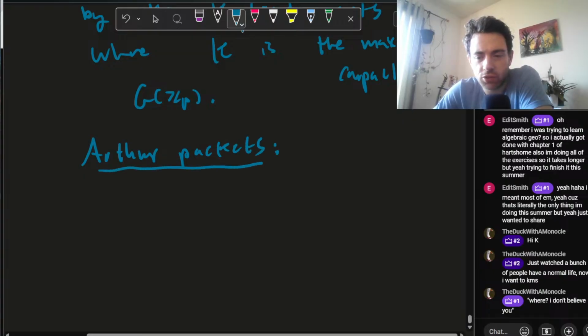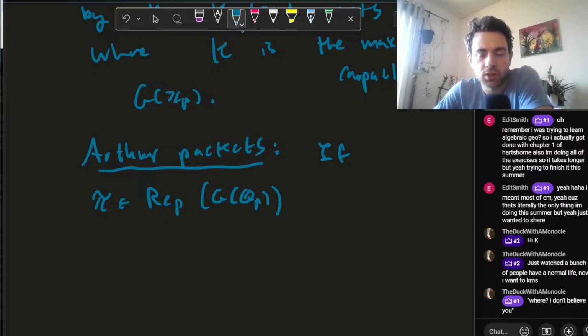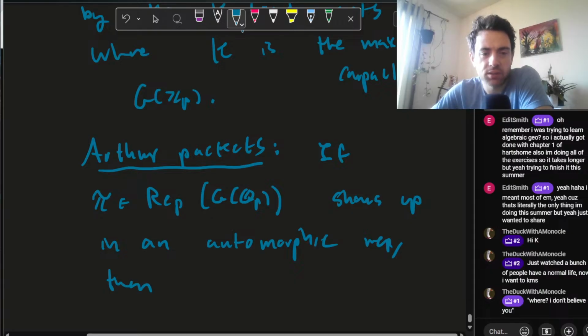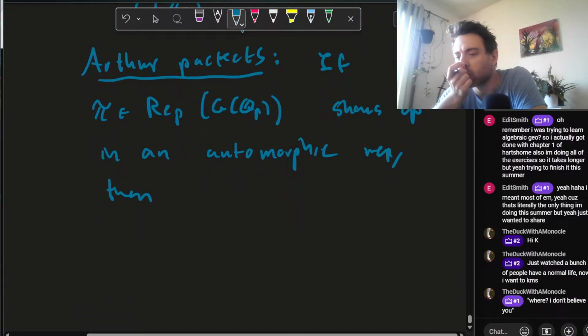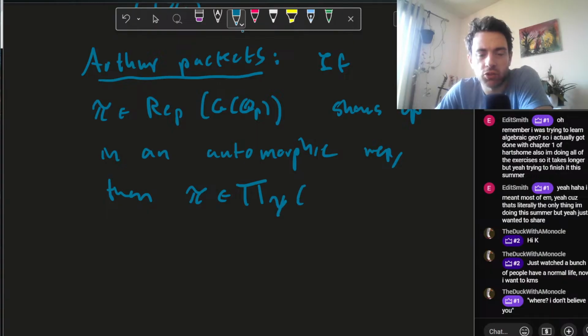The idea of these Arthur packets is basically that if a representation π of this local group shows up in an automorphic representation, then π belongs to what's called an Arthur packet.